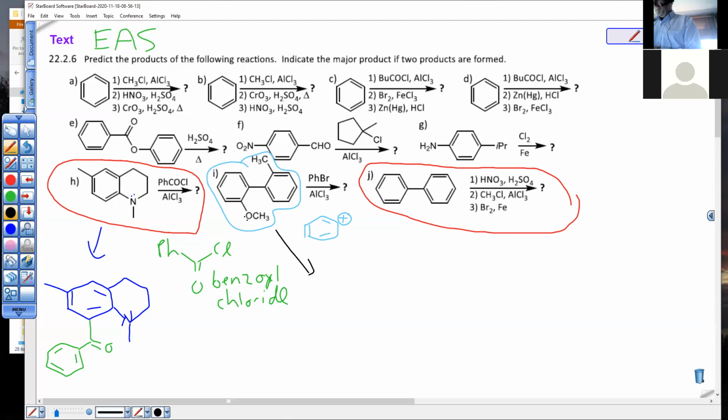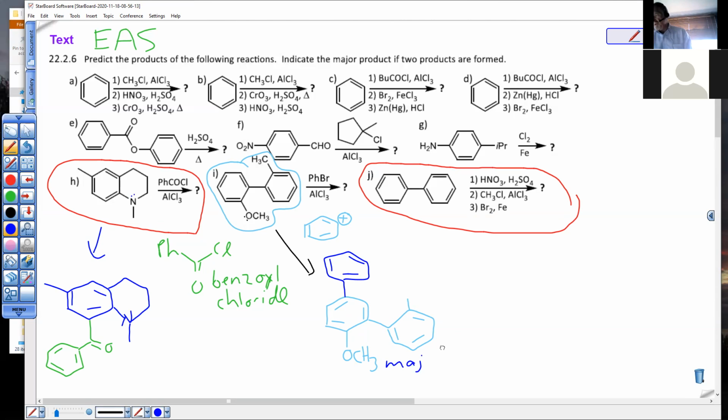So, okay, we got stuff going on. So we got a biphenyl. Ortho OCH3. Para to that is where I want my new group. My new group's another phenyl from that cation. And that would be major.